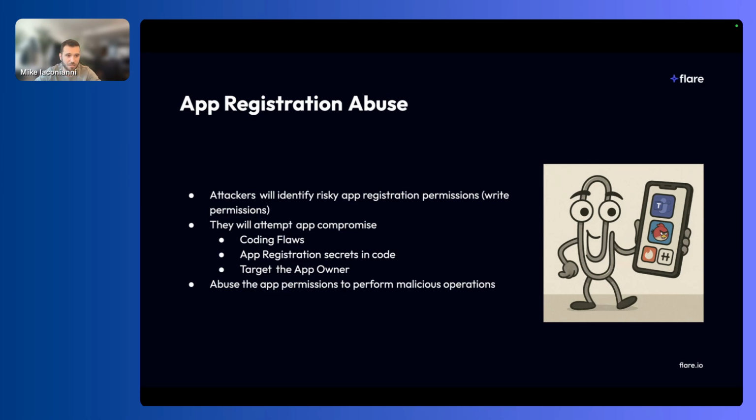And with these, essentially, they will look for some of those risky tier 0 permissions that we were looking at earlier from that cloud tiering page, and they will attempt to compromise that app. So this could be anything from coding flaws, like some coding backdoors that allow them to get access to the app. If the app registration secrets is in some sort of pipeline, this is really common to find it in like a CI/CD pipeline where credentials are just hard coded.